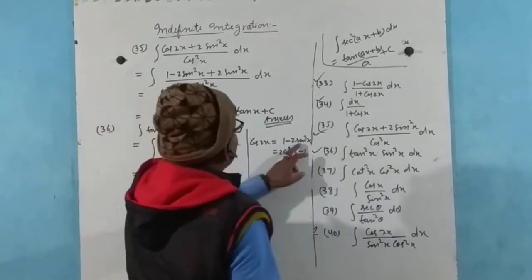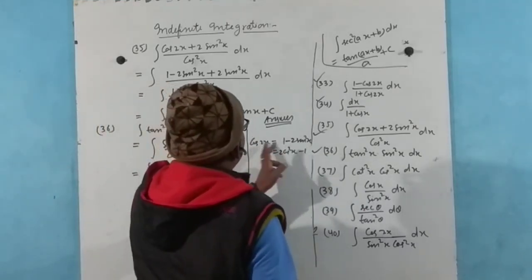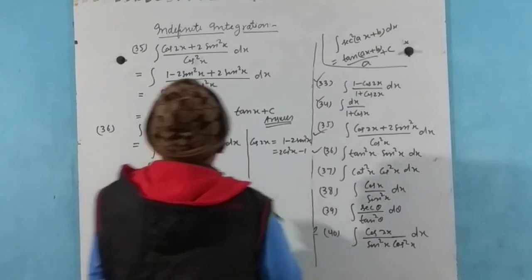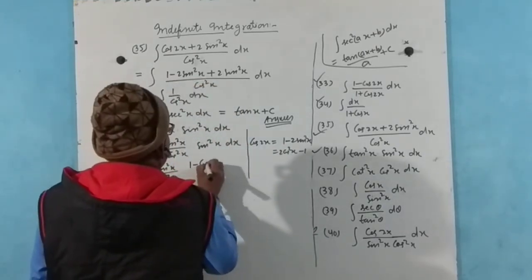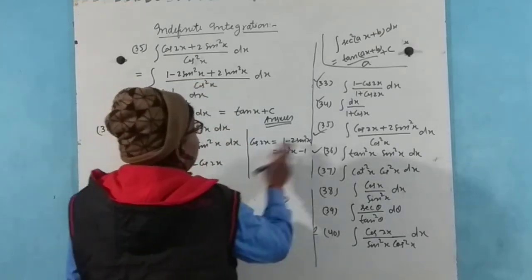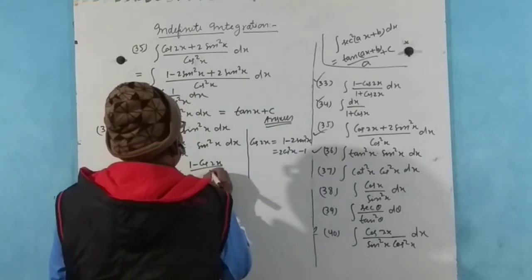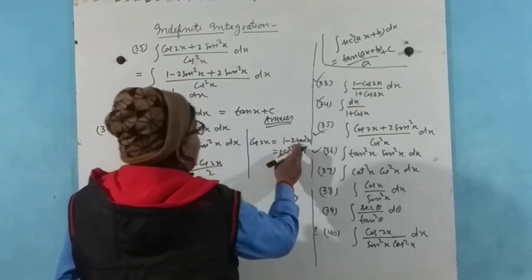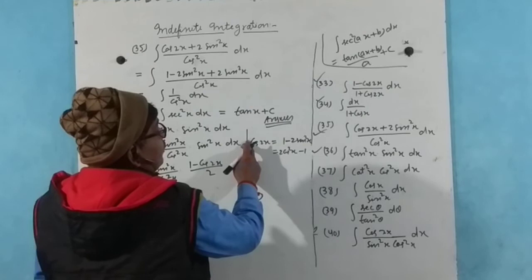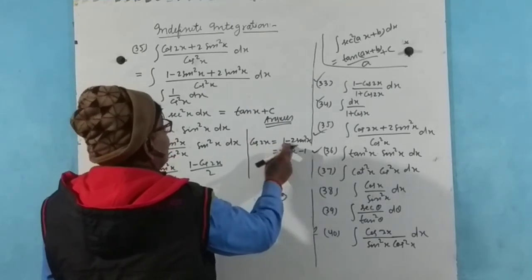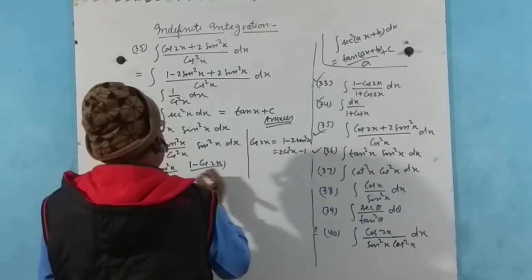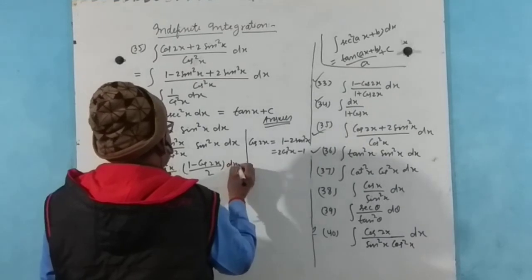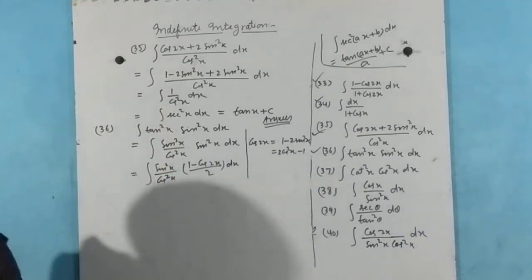Sin square x equals 1 minus cos 2x divided by 2, because this comes from 2 sin square x. So 1 minus cos 2x by 2 dx.